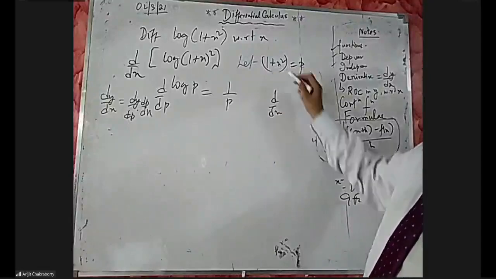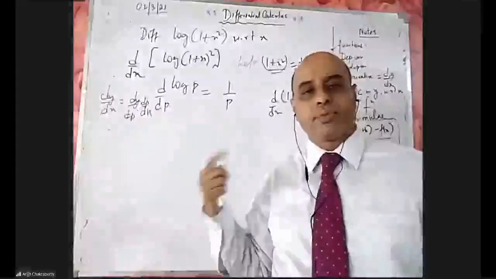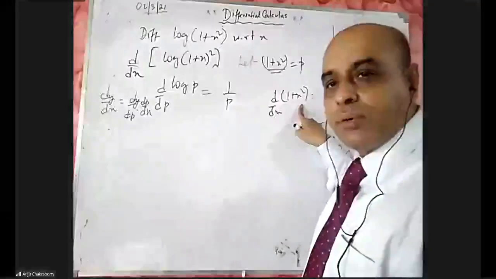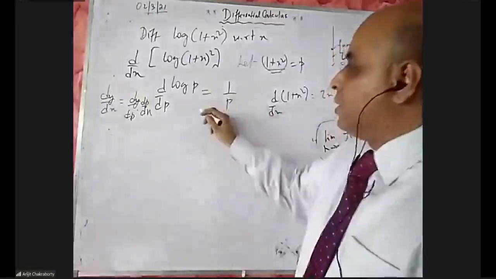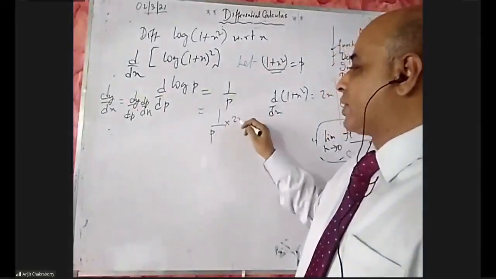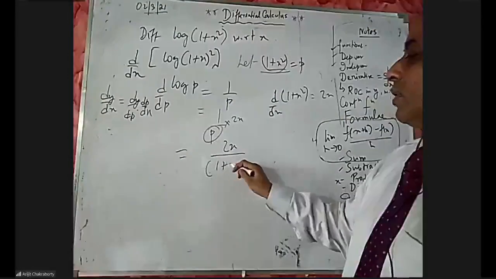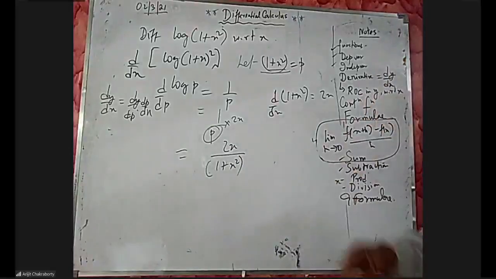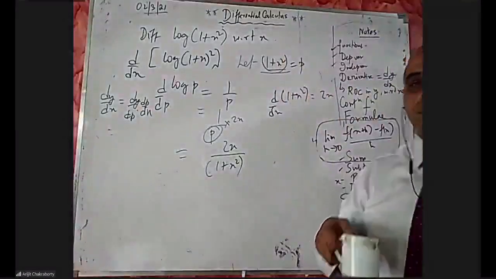I have to find the differential coefficient of 1 plus x square. For 1, the differential coefficient is 0. For x square, it is 2x. So the answer will be 1 by p into 2x. But p is 1 plus x square. So the answer is 2x by 1 plus x square. Just see how we have solved it. These are special types of questions, and techniques have to be used like this.